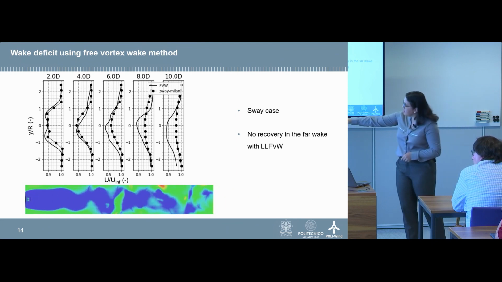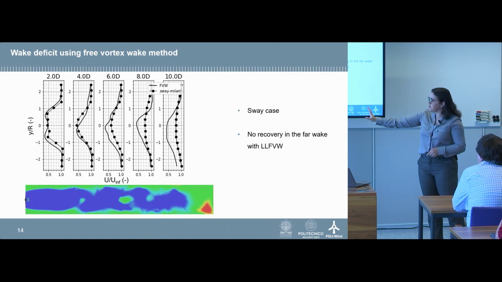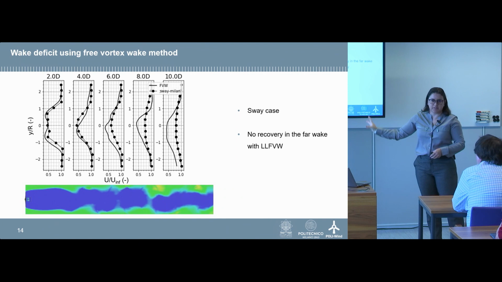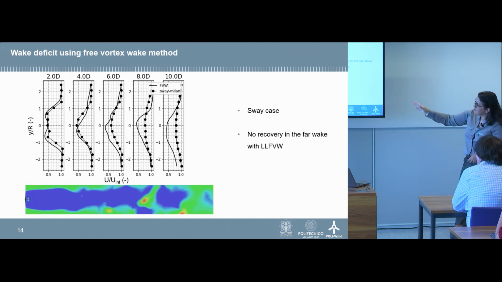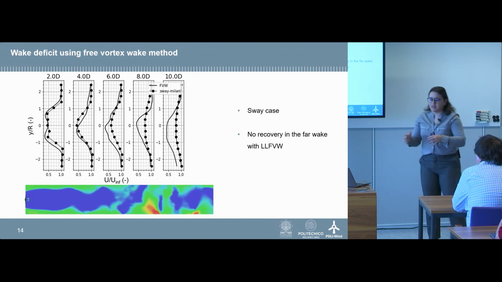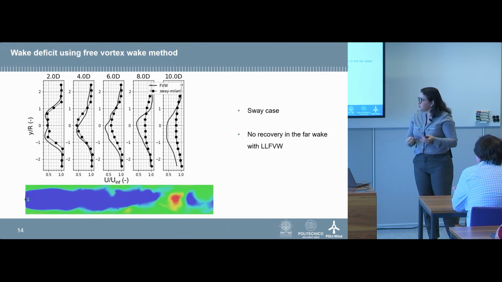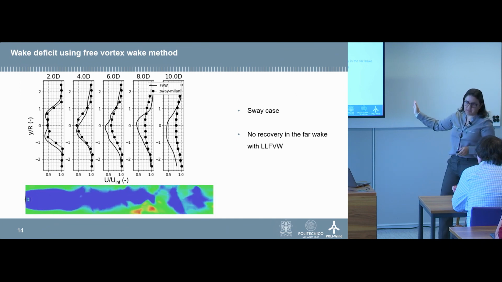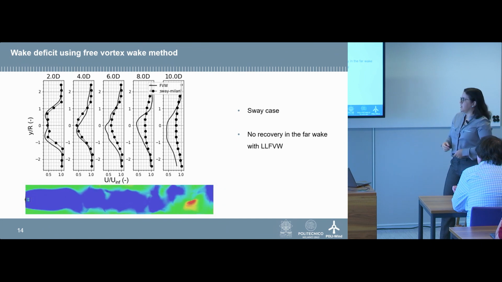What we saw is that very close downstream, we do have a good correlation between experimental and model data. However, right after 4D down, you lose this exactitude, and in the far wake we cannot really compare because the error is already too much.